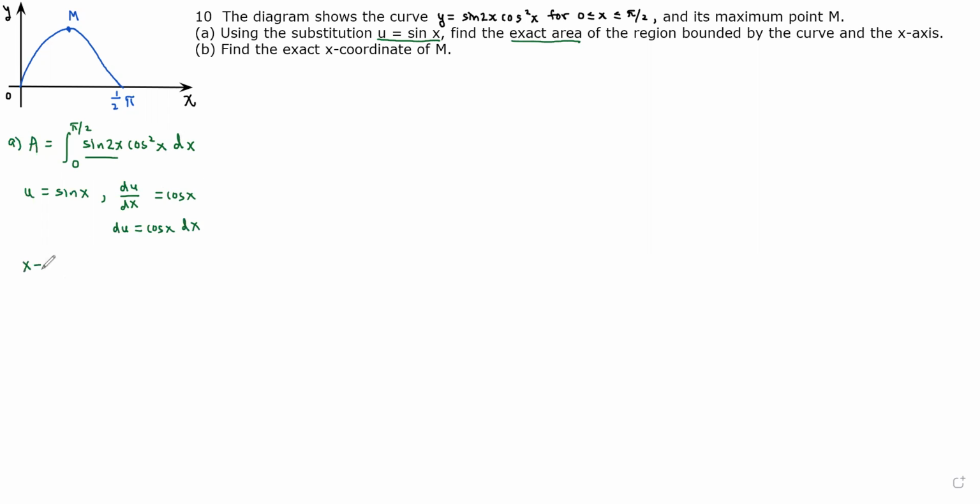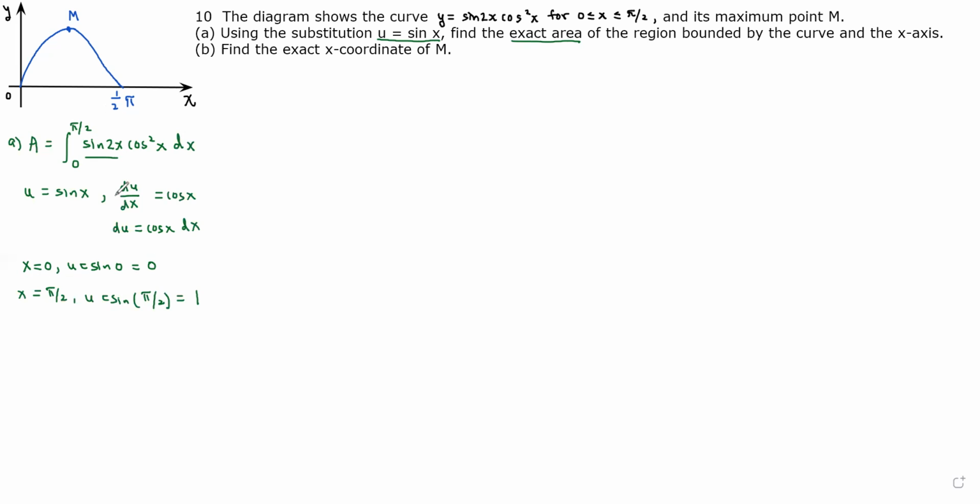When x is 0, u is sine 0, which is 0. When x is pi over 2, u is sine pi over 2, which is 1. So we change the limits to 0 and 1.